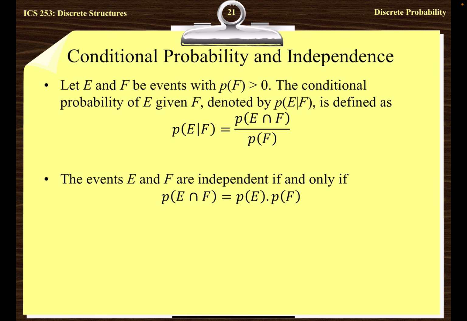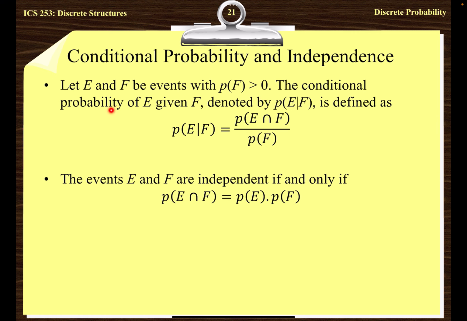that section, section 7.2, and let's now talk about conditional probability and independence. So let E and F be events with probability of F greater than 0.